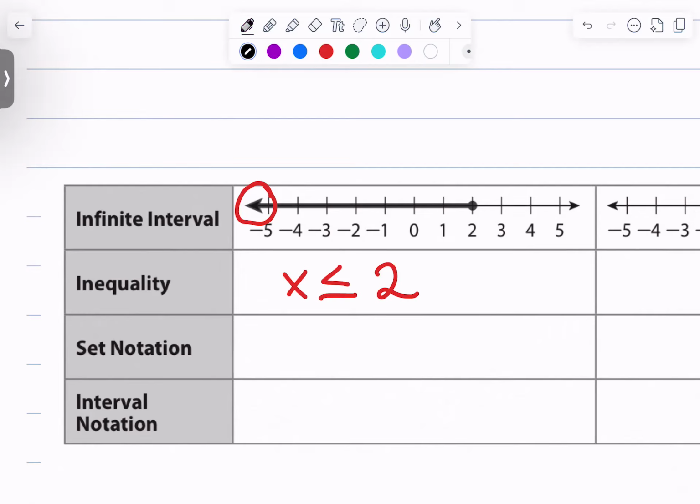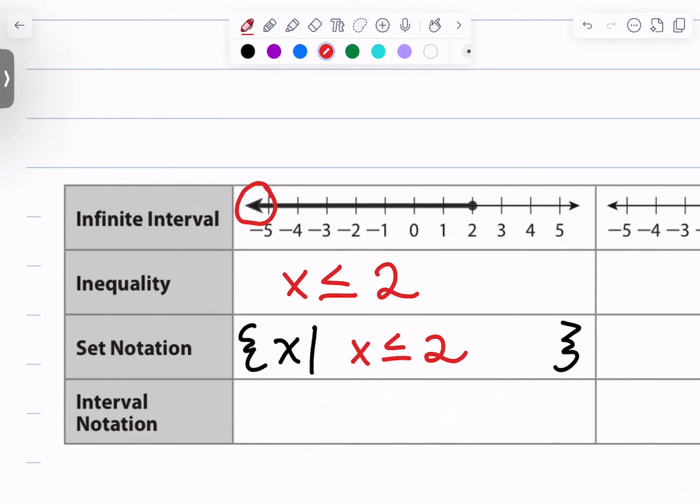Again, do not overthink the set notation. Once you get the inequality, it's pretty simple. x such that x is less than or equal to 2. Plop in the inequality right in there.